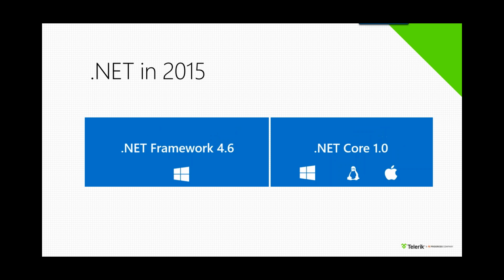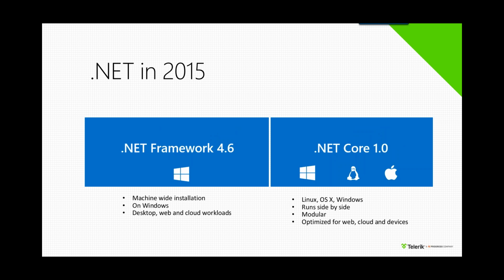This is what it is all about. Machine-wide installation on Windows, desktop, web, and cloud workloads is what you can do with .NET Framework 4.6. Whereas .NET Core 1.0 is all about Linux, OS X, Windows, run side by side. You can have .NET Framework 4.6 on a Windows machine, and I can also have .NET Core 1.0 running on the same Windows machine. So you can run side by side.